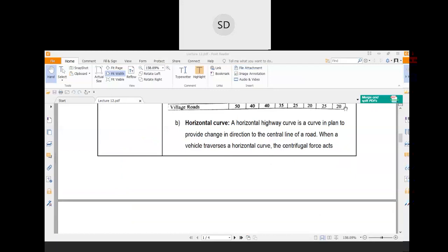A horizontal curve is a curve in plan to provide change in direction to the center line of the road.